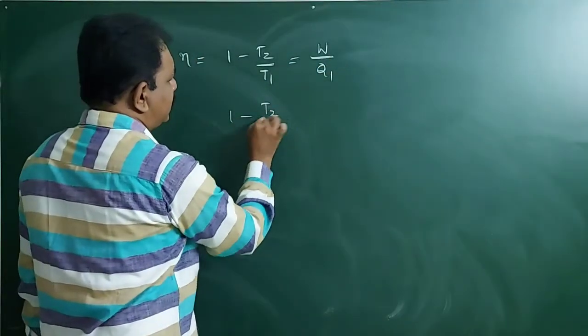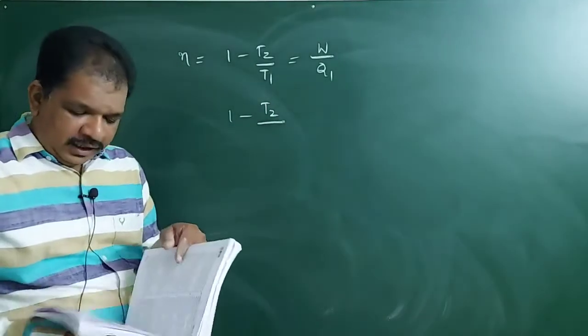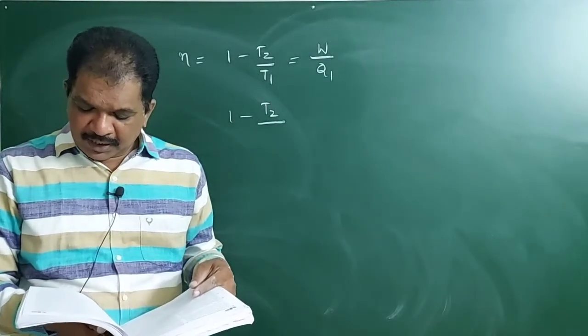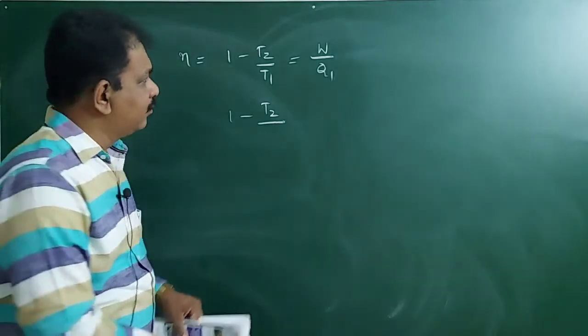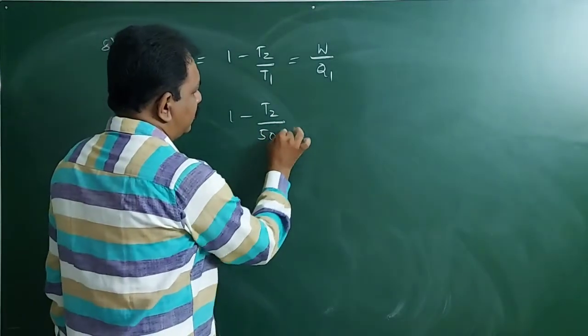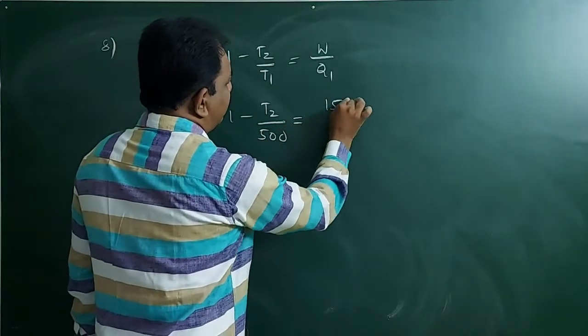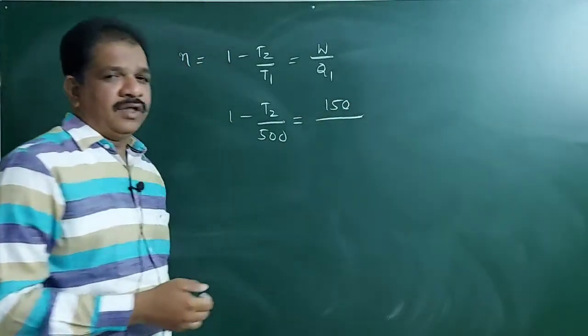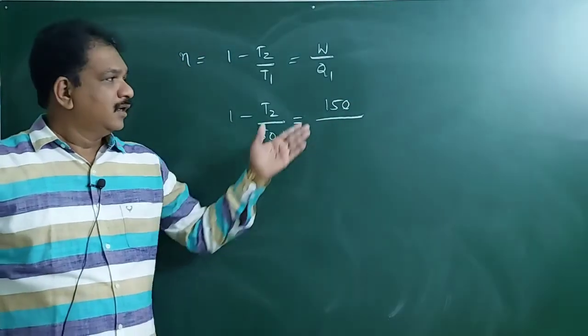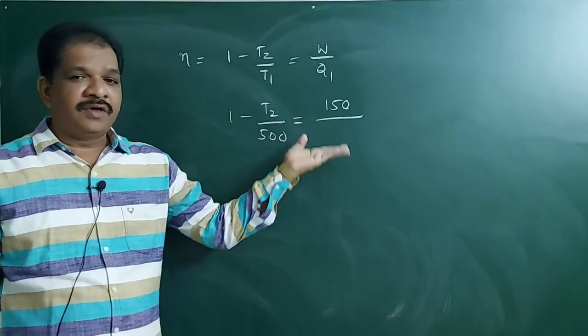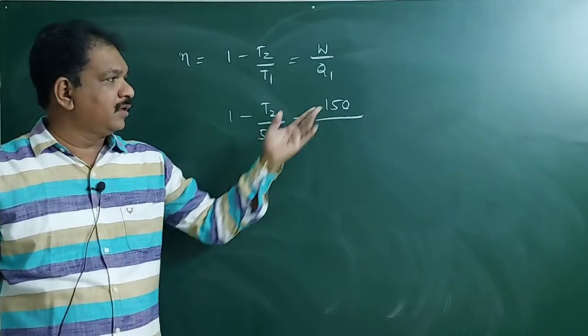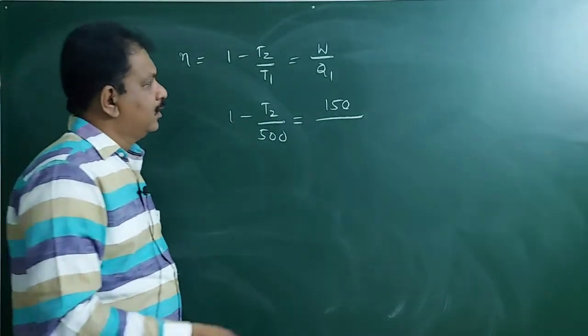T1 value they gave as 500. Work done will be equal to 150. Why? Because 300 supplied, 150 rejected to the sink, so the remaining will be 150.